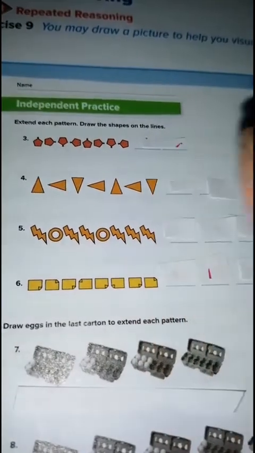For instance, we have a pentagon on the top, a pentagon to the right, a pentagon down, a pentagon to the left, a pentagon on the top, a pentagon to the right, a pentagon down, a pentagon to the left. So continue with the next two shapes.